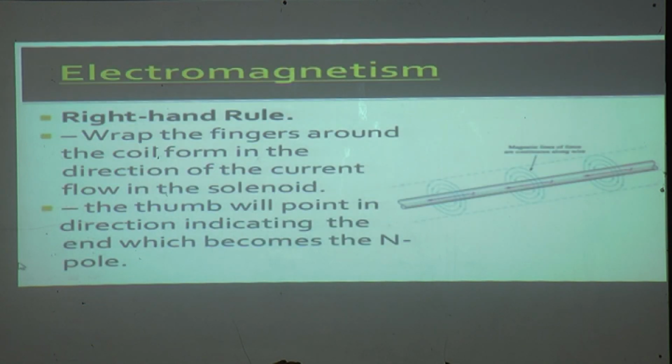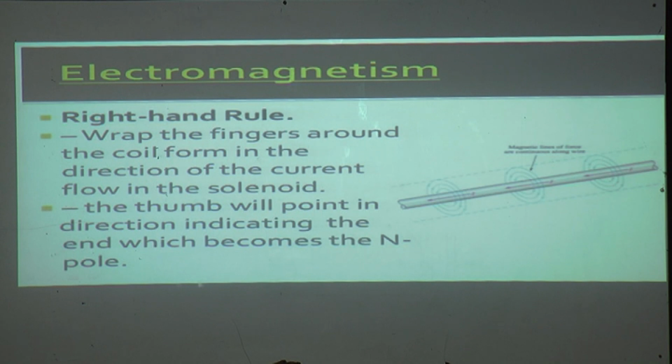Now electromagnetism, right hand rule. Wrap the fingers around the coil in the direction of the current flow in the solenoid. So don't do this activity at your home. This is only for your information, how we can get electromagnetism. For this purpose only I am telling you this activity.